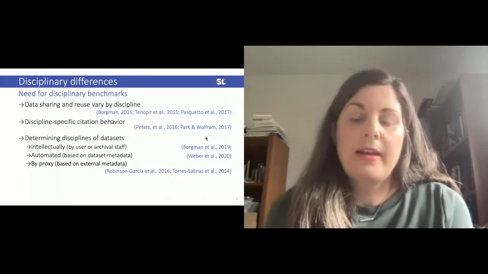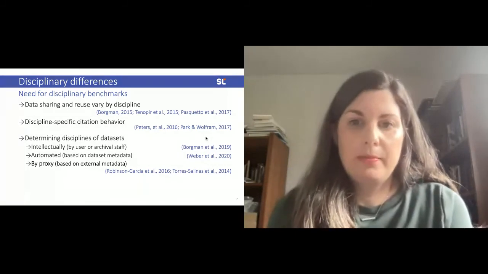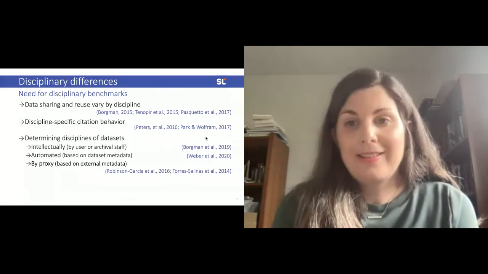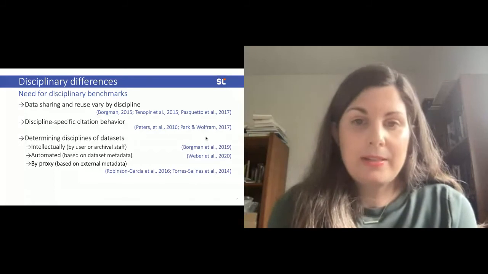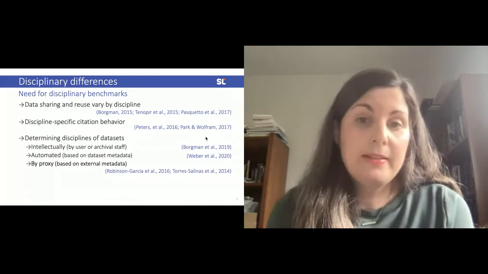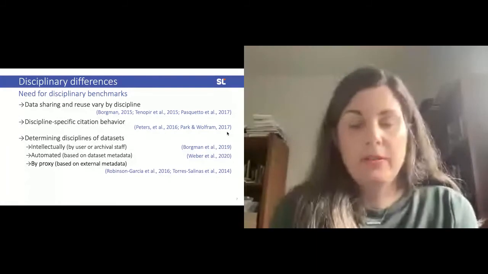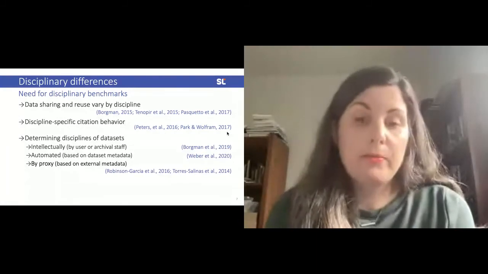And they can do text mining or maybe machine learning approaches to determine the discipline. But we also know that metadata isn't always that complete.